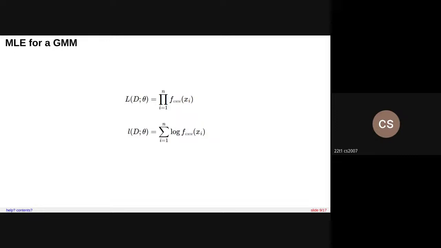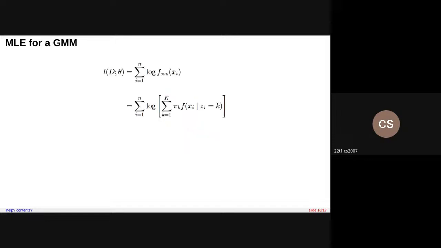Okay, so are these two expressions clear? They are likelihood and log likelihood. Hope they are. So this is the next step. I'm just substituting the GMM's density into the log.